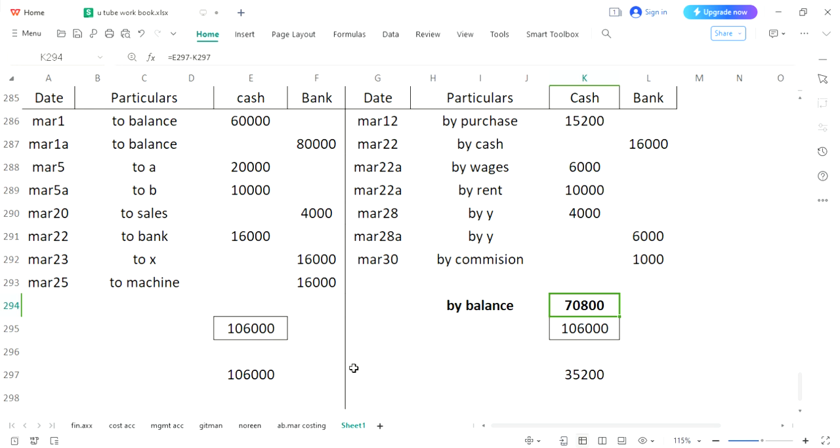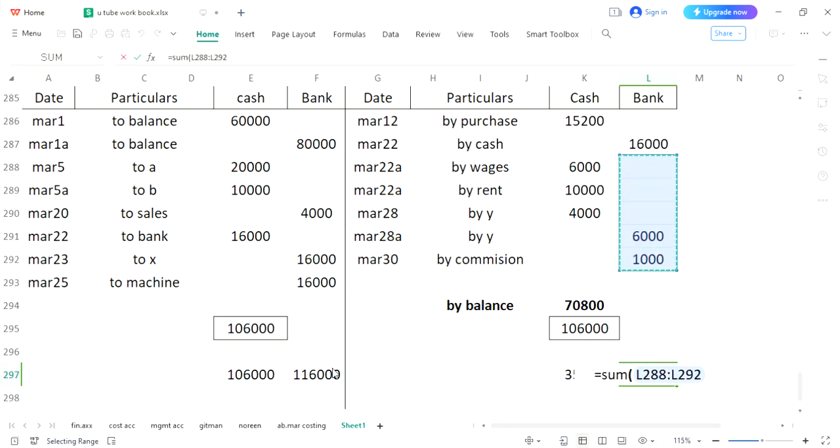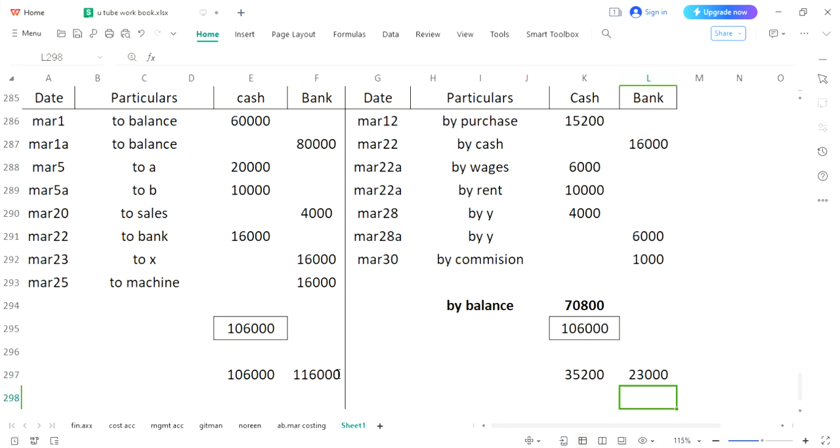We will now repeat the same procedure for bank as well. First step, take the sum of both sides. Here we are calculating the sum of both sides. So look at this. This is the sum of bank, 1,16,000. Sum of the credit side of bank, 23,000.